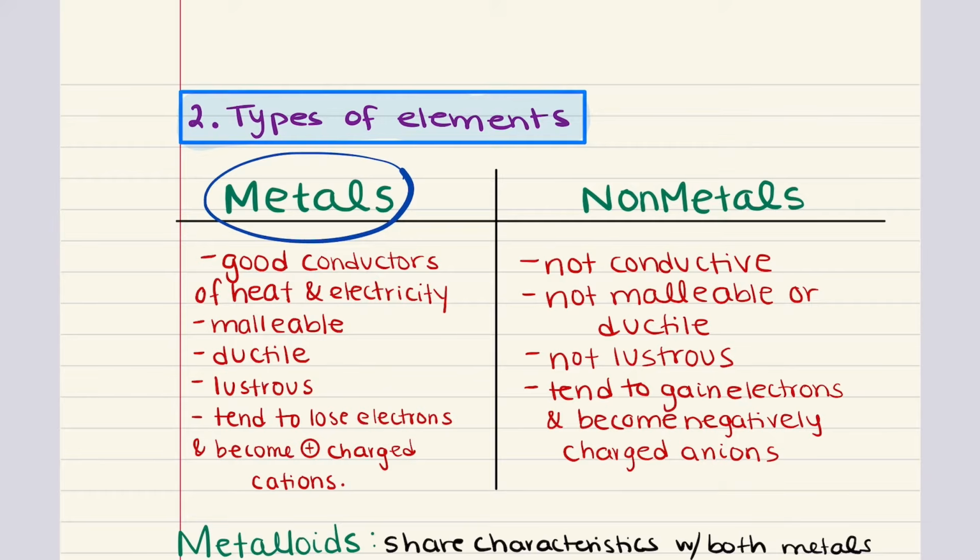It refers to the ability of metals to be drawn into wires. These properties arise from the metallic bonding that's present in metals, where valence electrons are really delocalized and they're free to move throughout this structure. Now, this delocalization of electrons also accounts for another important property of metals, and that is that they are good conductors of heat and electricity.